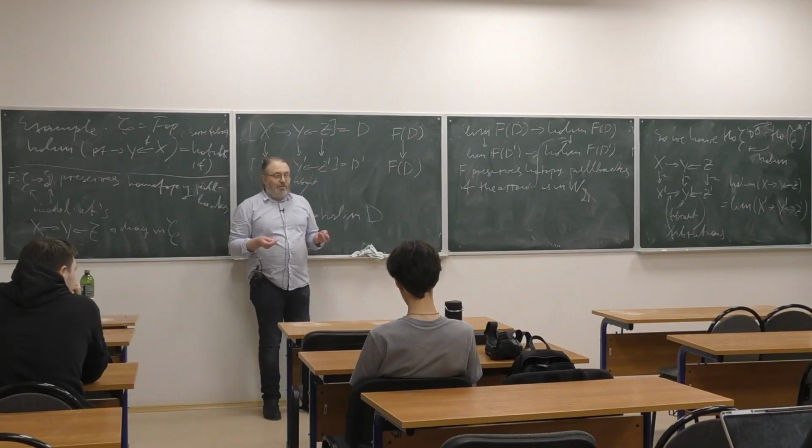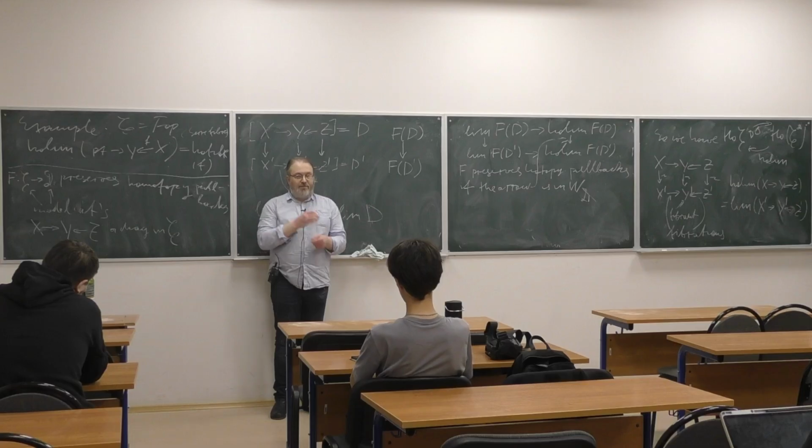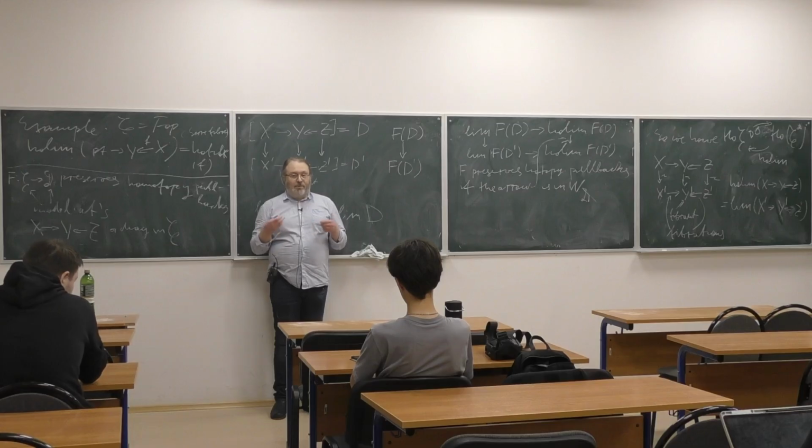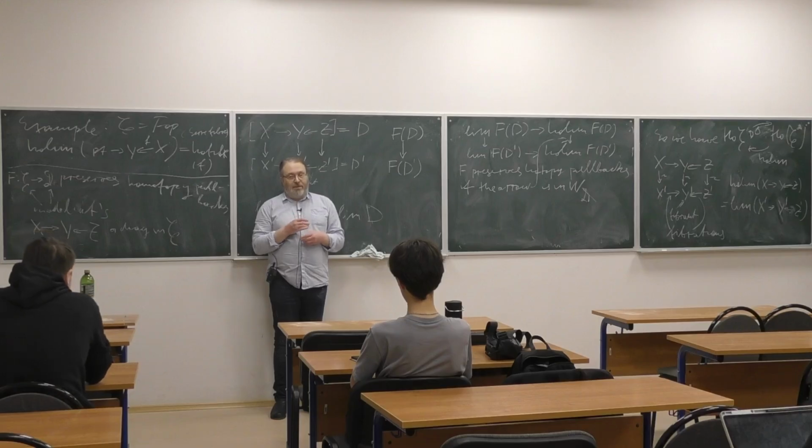Meaning, if we have a fibration and we have a base and a fiber and so on, we are able to construct a Sullivan model for the total space, starting from Sullivan models for the base and the fiber.